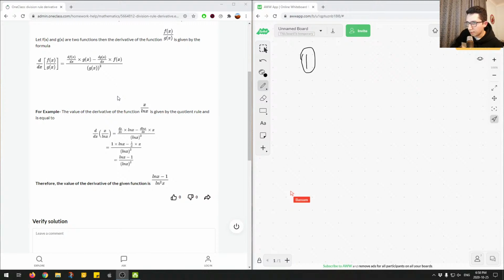So here if we had the function x over ln x, we can see that f at x here is just x, and g of x is ln x. So it could be any other function, but in this scenario we're given x over ln x.